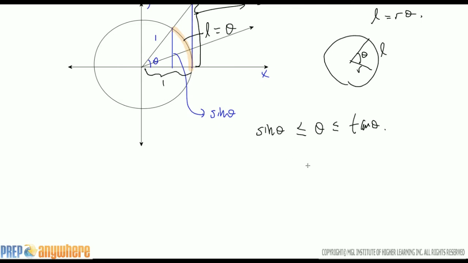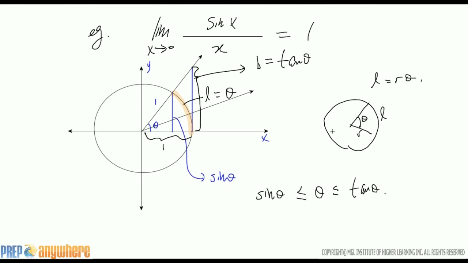Okay, so remember, we're doing this because we want to find out this limit, and we want to come up with a Squeeze Theorem relationship. Now, how can we get sine x over x, or sine theta over theta, from this inequality?